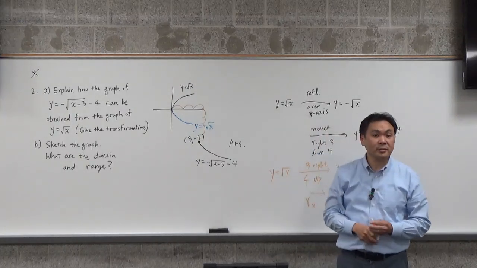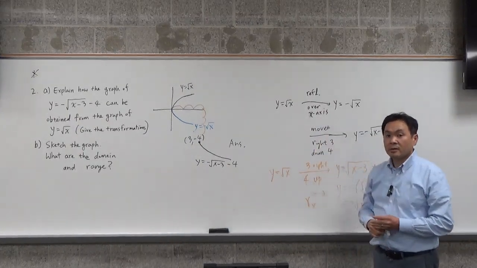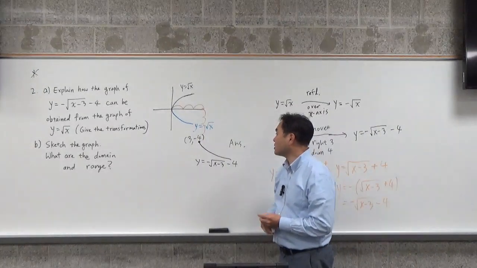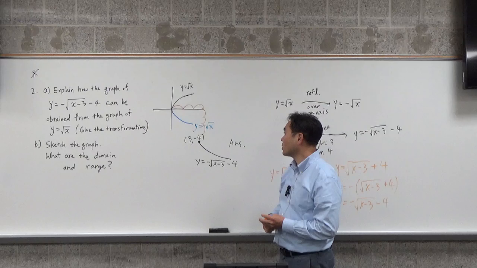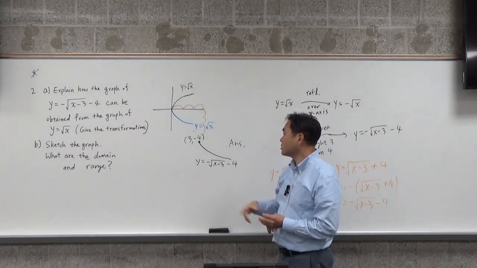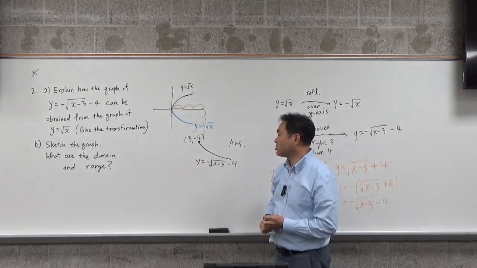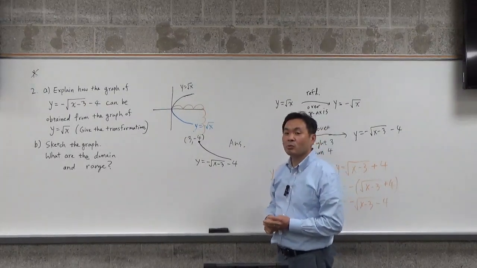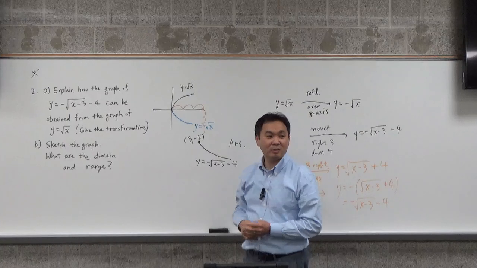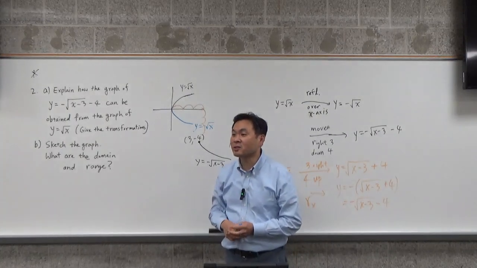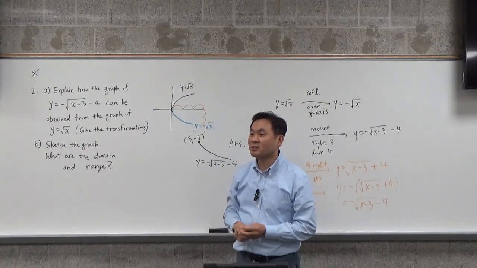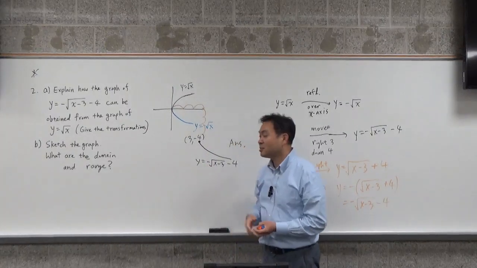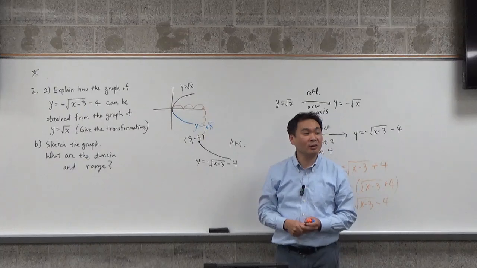Any questions so far? All right, now another question. What are the domain and range? What is a domain? Can somebody answer? Yes, x values, the input values, right? What's the range then?